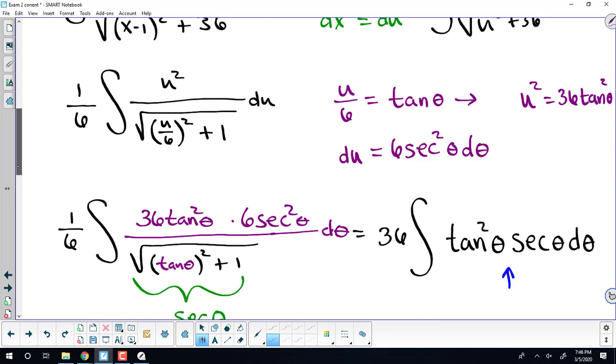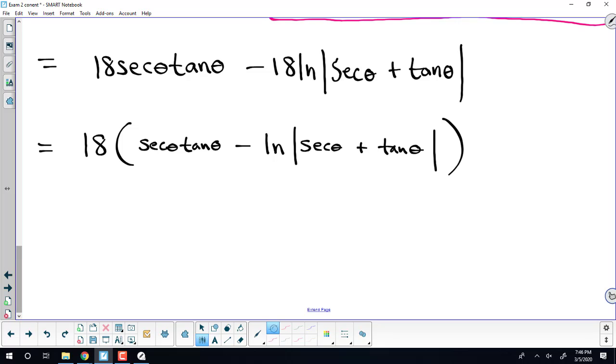Tangent of theta is x minus 1 over 6. X minus 1 is opposite, 6 is adjacent. So our trig sub was u over 6 is tangent of theta, but our u was x minus 1. You could do it separately, right? You get the representation for secant, tangent, and secant plus tangent in terms of u, and then resubstitute u, or we could just do it at once. It doesn't really matter.